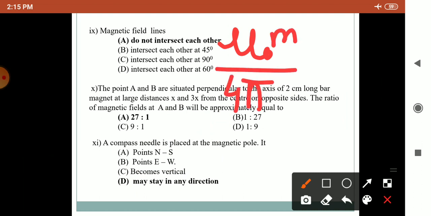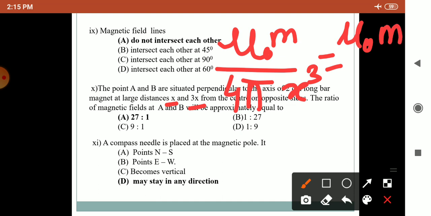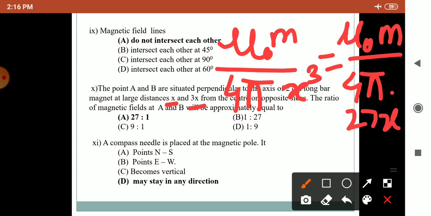By putting the value of r, first it will be x cube, and in the other it will be 3x, so it becomes mu 0 m upon 4 pi, 3x cube, which means 3 cube is 27 into x cube, right?